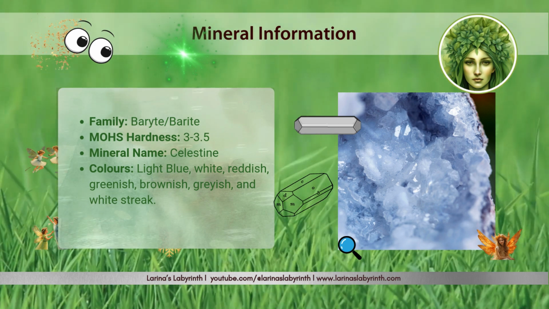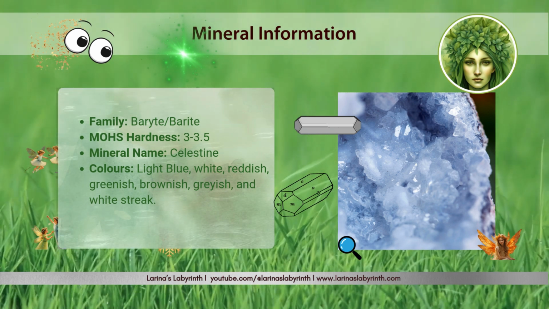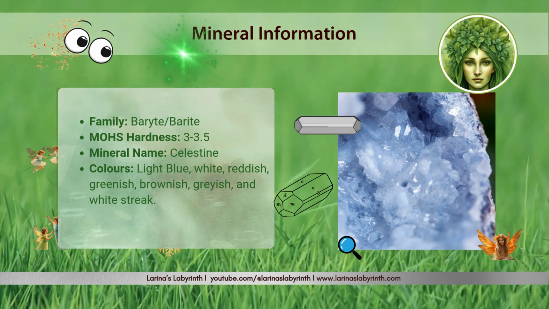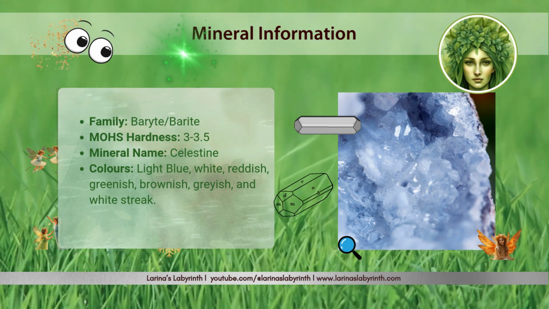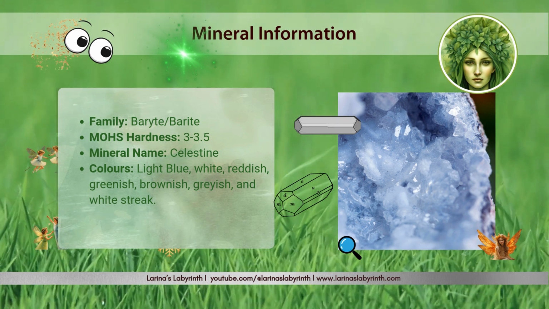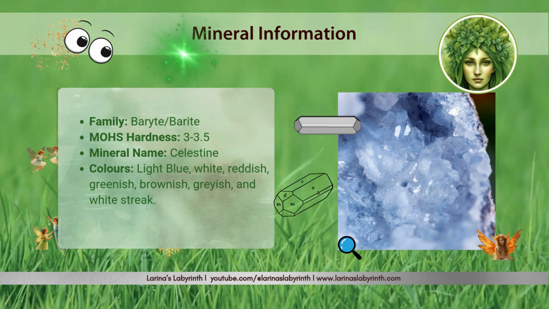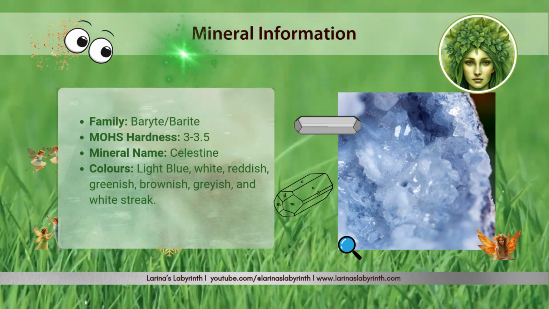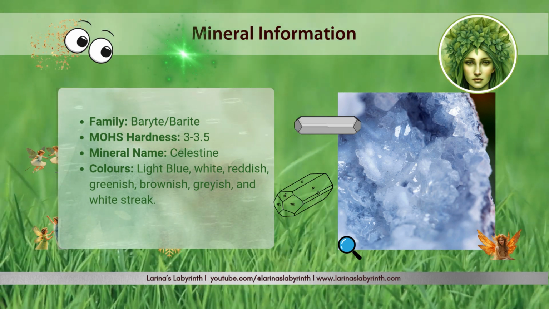Okay, so first things, let's talk about the mineral stuff here, the geo type stuff, which is that the family it comes from is called a barite. Now, I just want to draw to your attention here too, because if you start Googling and you're trying to find a crystal or some celestite and you type in the word barite, it's got two spellings, because apparently, I may have this back to front now, I've forgotten.